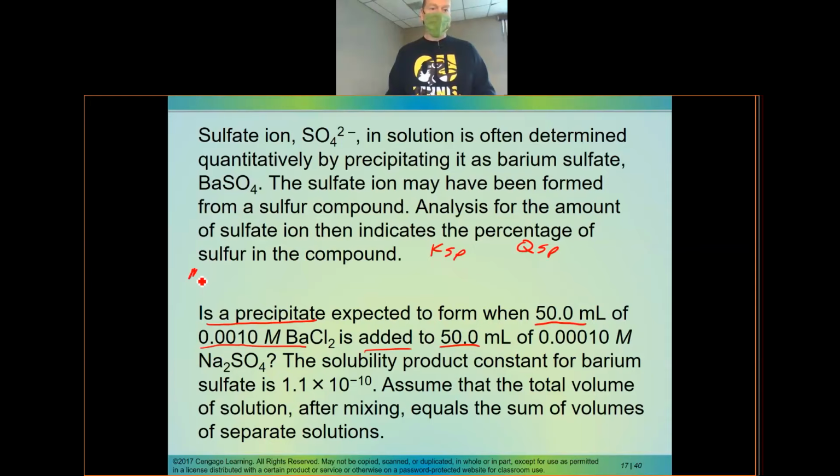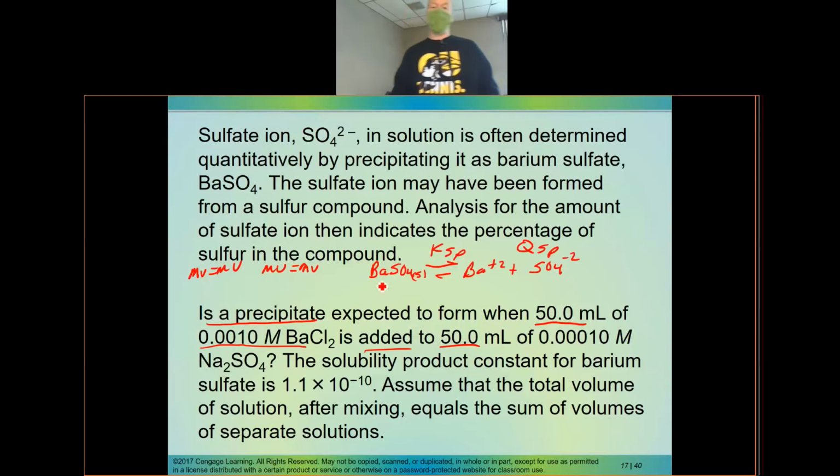And so you got to do MV is equal to MV for your barium. You've got to do MV is equal to MV for your sulfate, because they give you the KSP for barium sulfate. And so we have BaSO4 solid in equilibrium with barium plus 2 and sulfate.